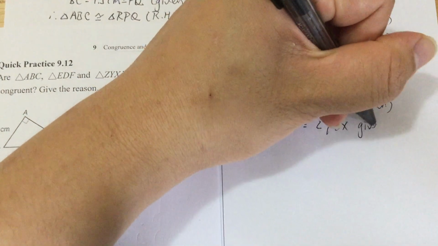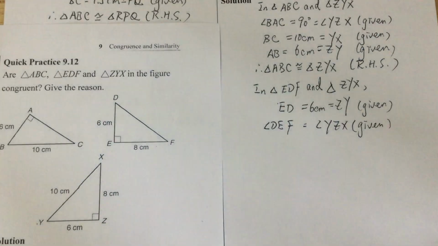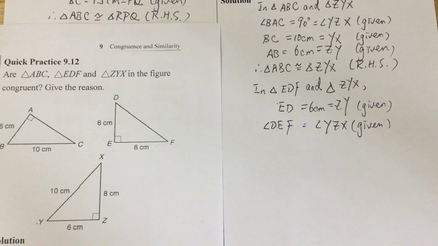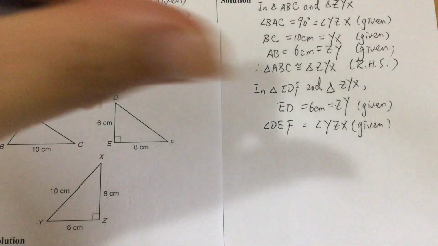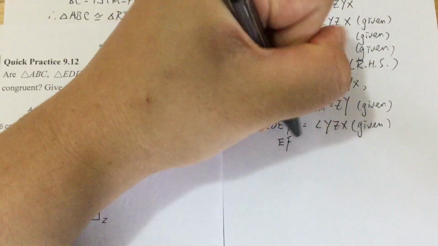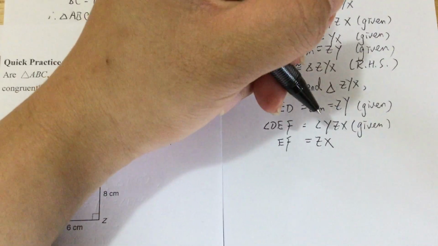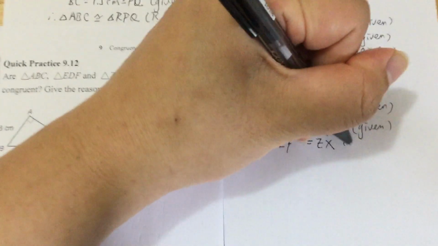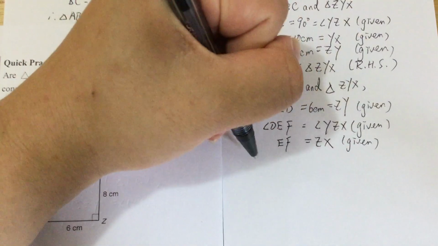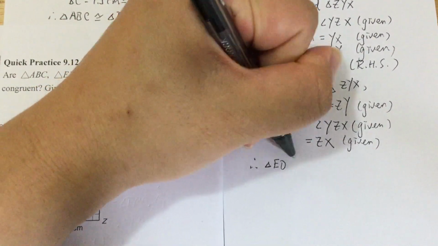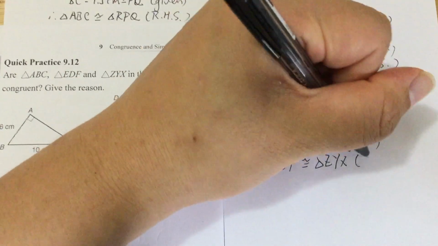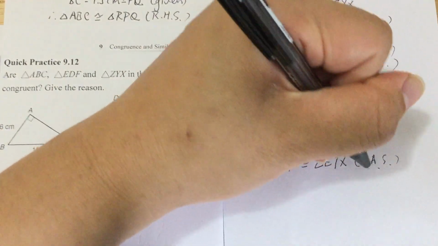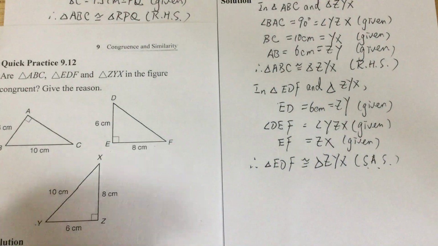That one is given. Okay, so this is the second one. The last one is the side. So we have ZX and also EF. So we have EF equals ZX. So this one is the last one. This once again is given. So we can say triangle EDF is congruent to triangle ZYX. That one will be SAS. So we can say these two triangles are congruent.